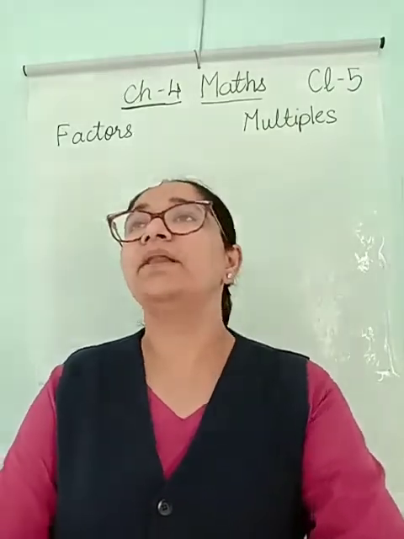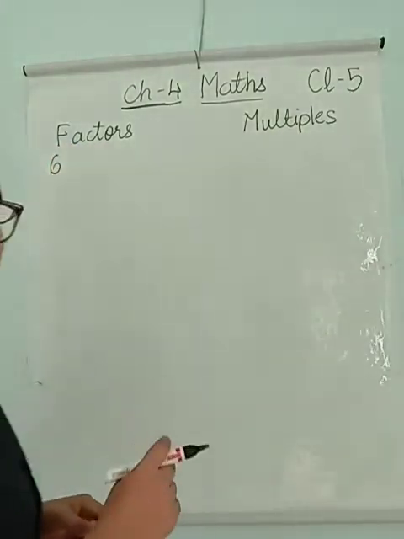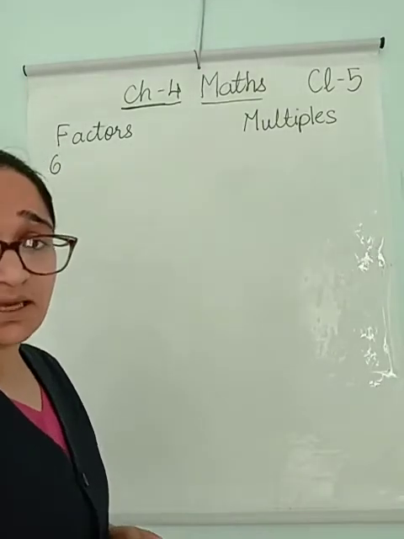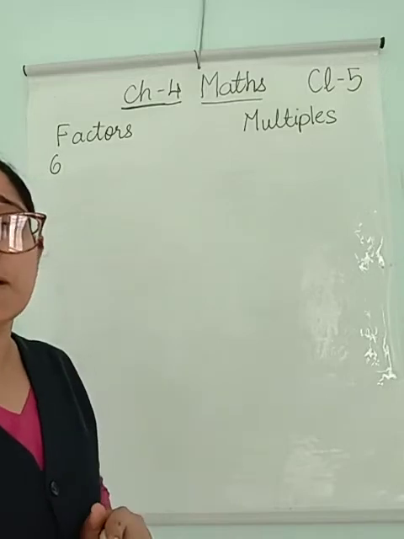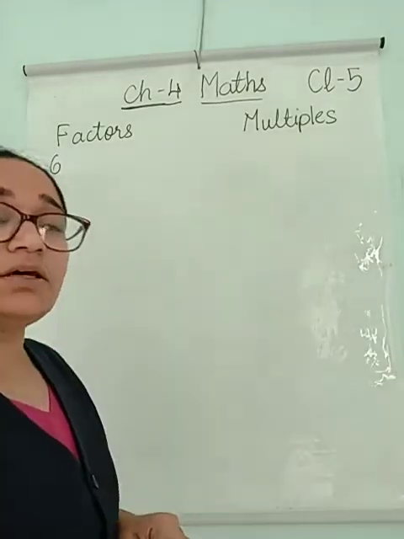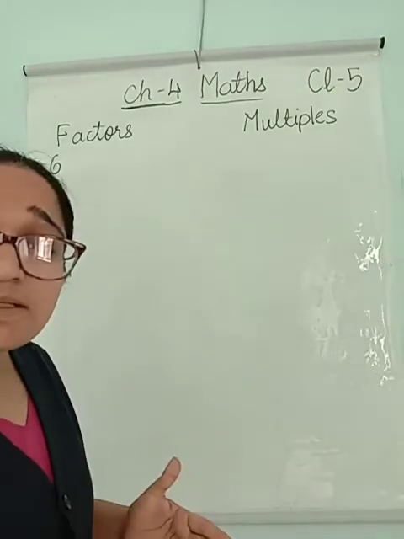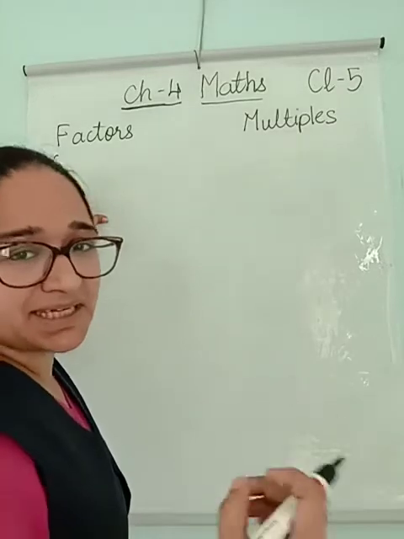For example, suppose I take the number 6. I want you to find the factors of 6. It means you have to find all those numbers in whose table I can get 6, or in other words, the numbers by which I divide this 6 and get remainder 0.